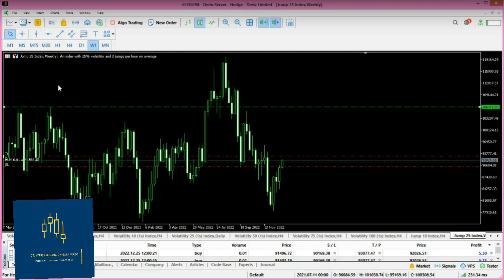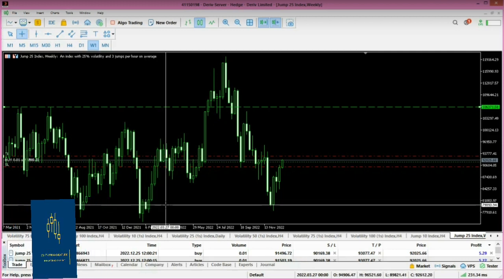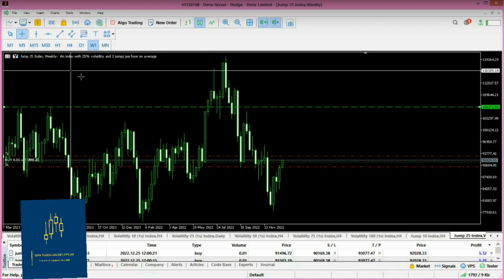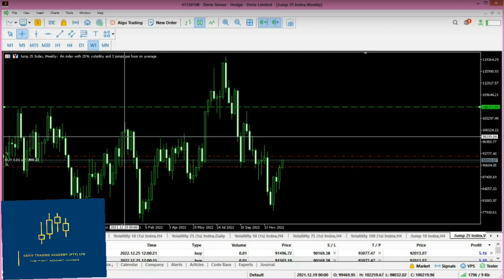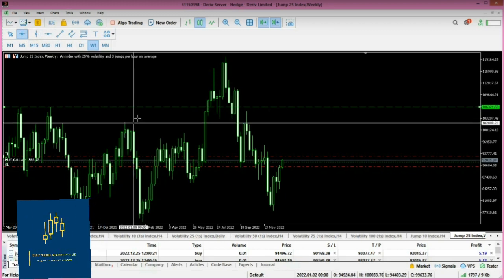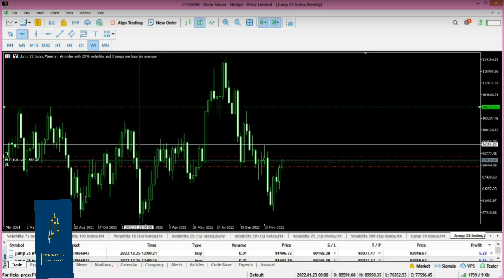So it acted as a factor of confluence, or confirmation, for my buying choice. I am expecting this to go up until at least it touches this level. I know it might go even beyond, but at least it must touch this level here.